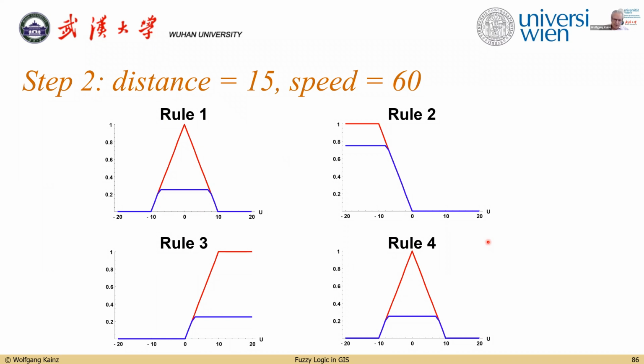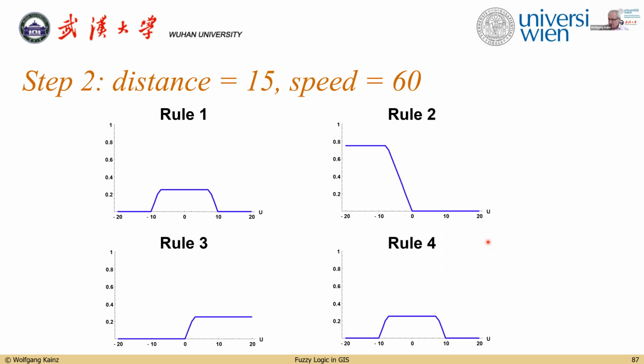Remember, step number 2, take the minima of step number 1 for every rule and cut the conclusion membership function at the corresponding minima for every rule. And that's what we did here, giving us this as a result. So these are the cut conclusion membership functions.